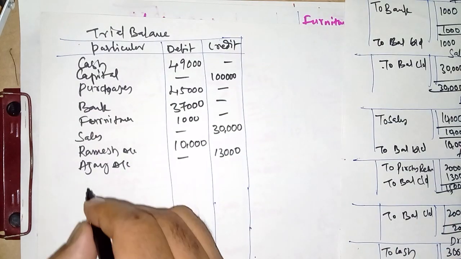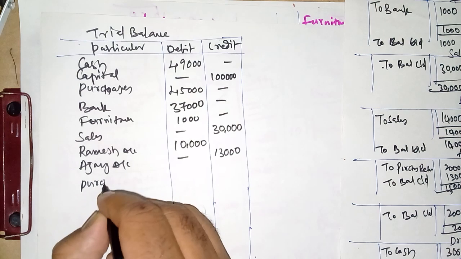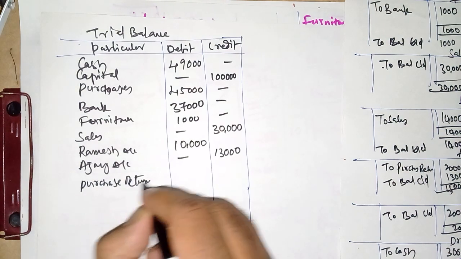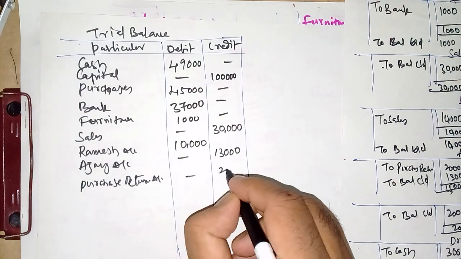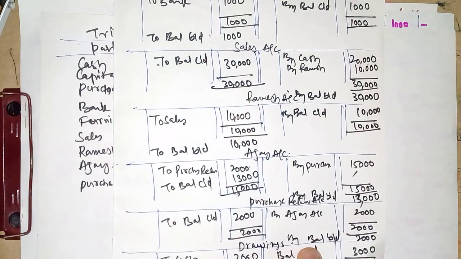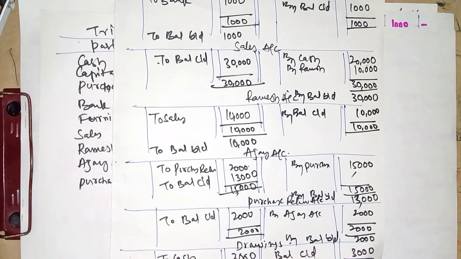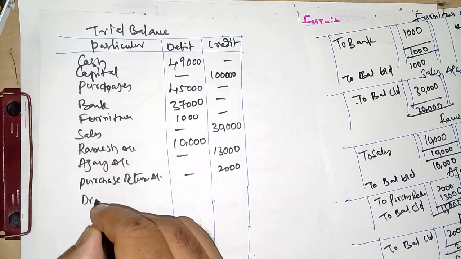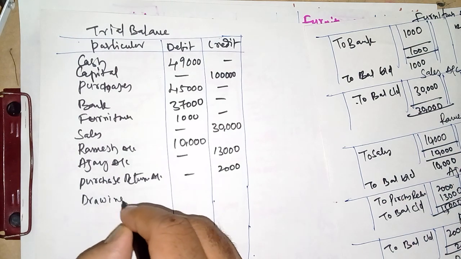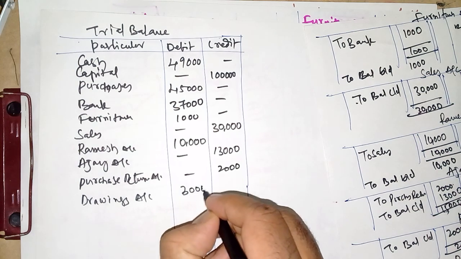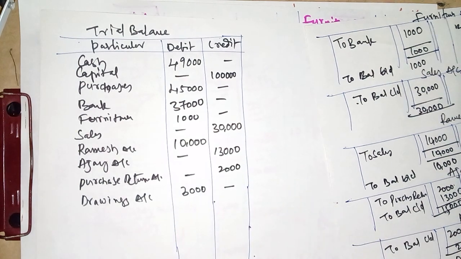So we write purchase return account, credit balance of 2,000. Next we have drawings account showing a debit balance of 3,000. So we write drawings account, debit balance of 3,000, right?